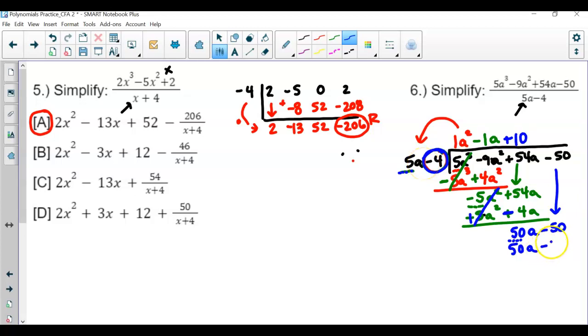So 10 times negative 4 is negative 40. Change the sign. So this is now negative and positive 40. So 50 minus 50 is 0, but negative 50 plus 40 is negative 10. So we do have that remainder here of negative 10 over 5a minus 4. So that is our answer here.